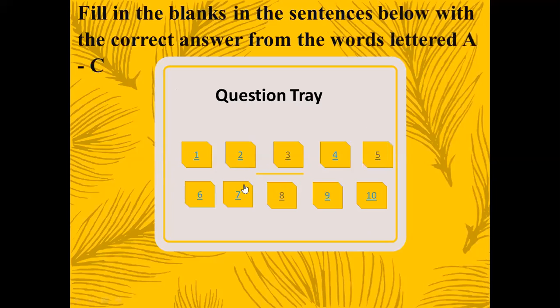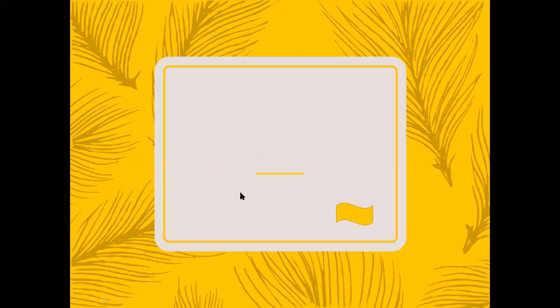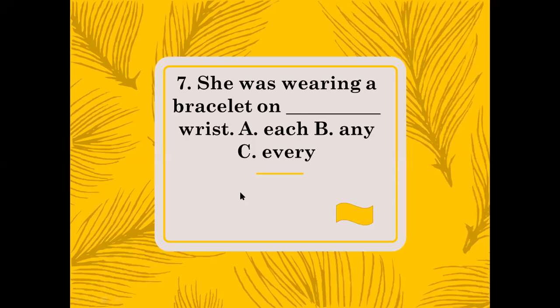Number 7, that's correct. She was wearing a bracelet on each wrist.